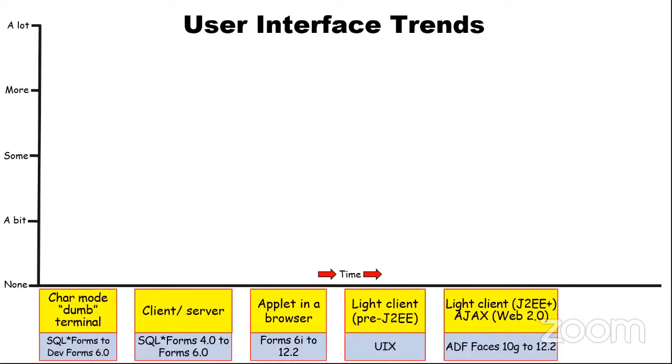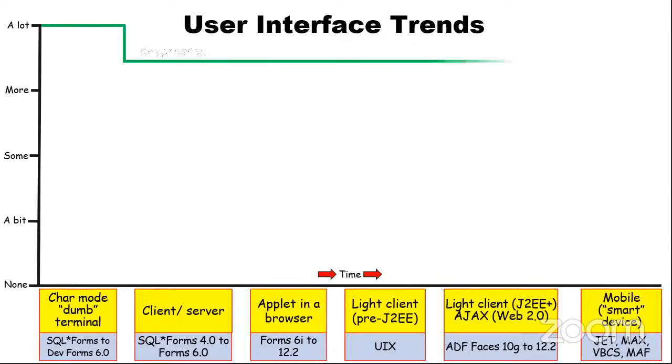And then on the x-axis, we've got the various technologies, kind of representing how time went, although of course there's still character mode applications around and there's still client server applications, but in general the trend goes from left to right. So we'll compare each of those parameters, each of those categories in this graph.